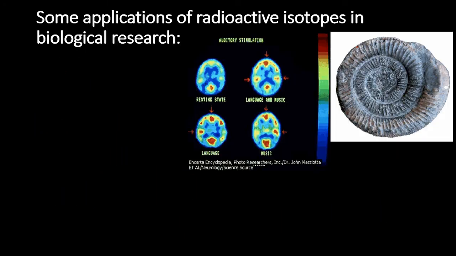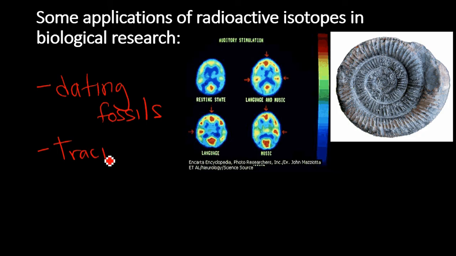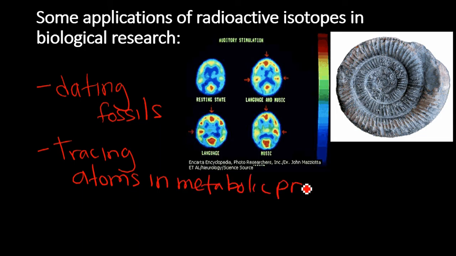Okay, so some biological applications of isotopes, radioactive ones particularly, are in dating fossils, so carbon dating, things like that. Okay, tracing atoms in metabolic processes.